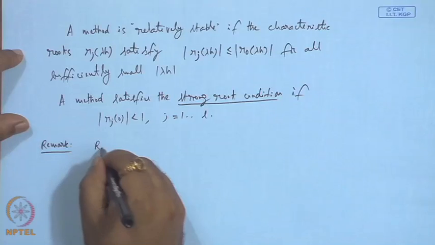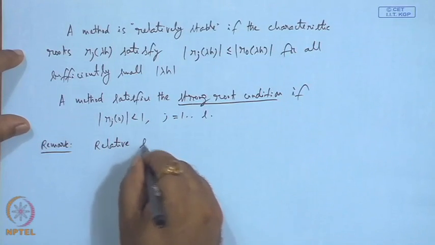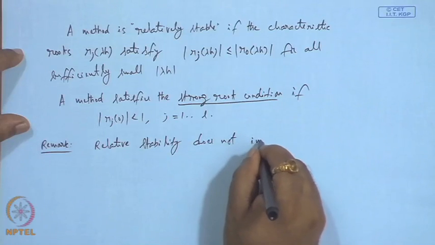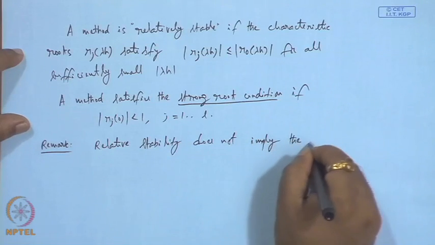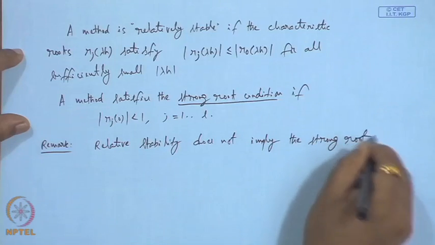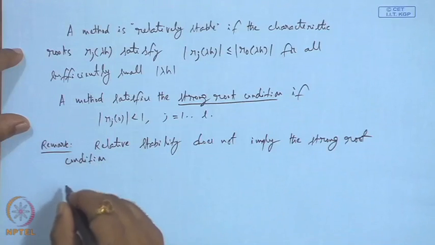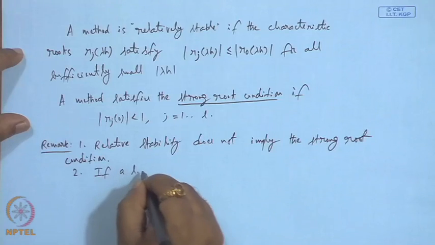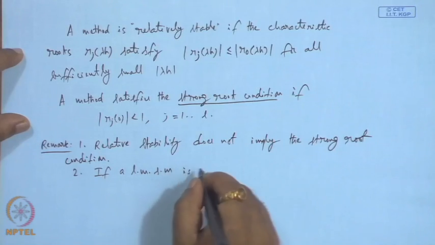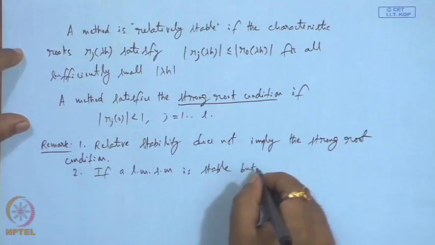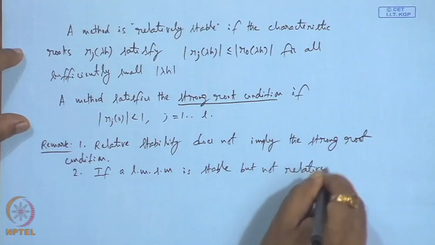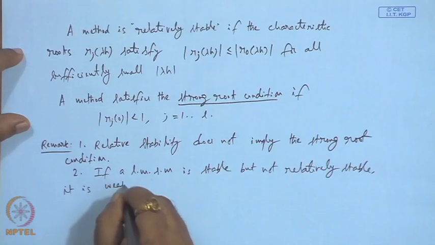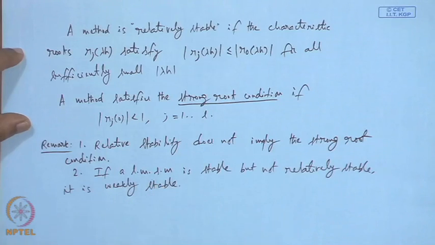So, remark: relative stability does not imply the strong root condition, and if a linear multi-step method is stable, but not relatively stable, it is weakly stable, okay.